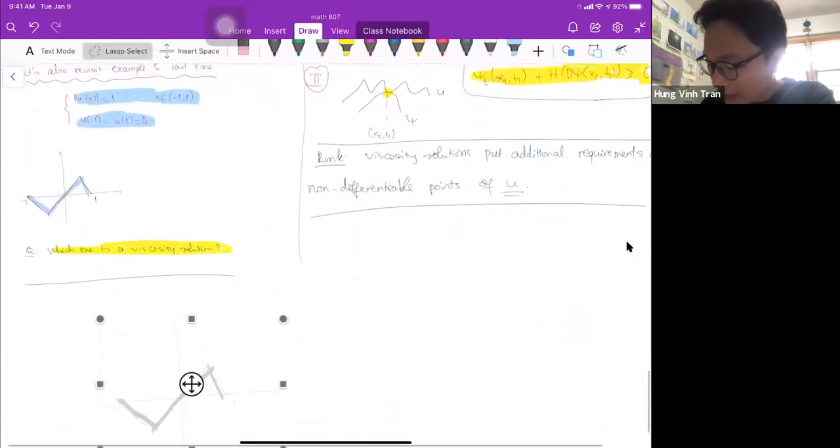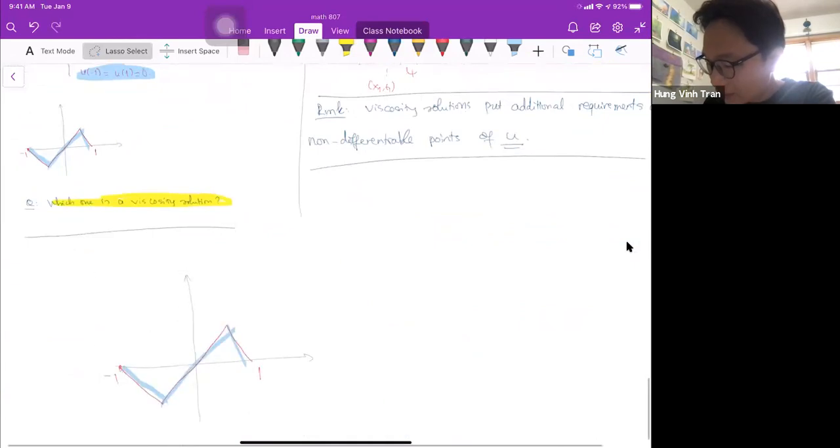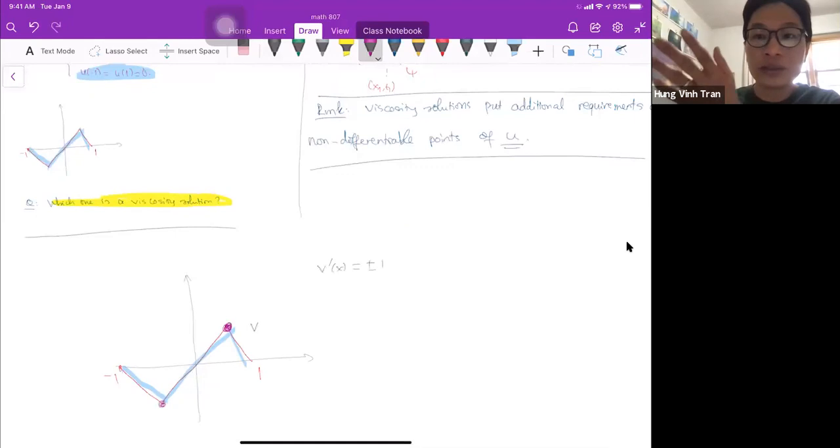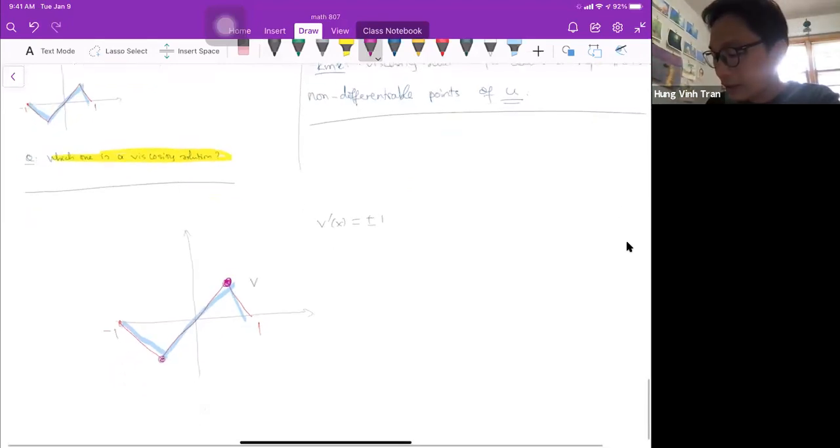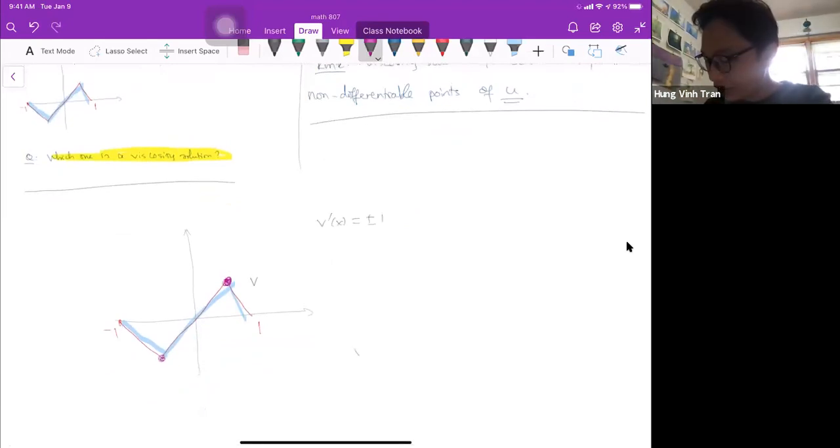So let's take a look at this kind of function, right? Let's say this is v, then I have v prime of x is always plus or minus 1, except at the two corners here, right? At those two corners, it's not differentiable, and I have to check it carefully. Now again, let's check the corner from below.